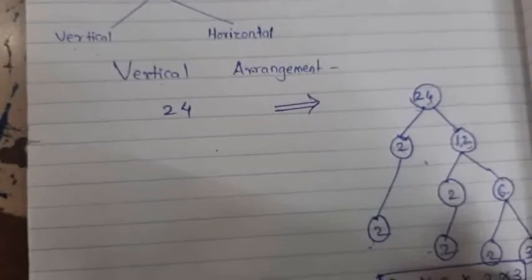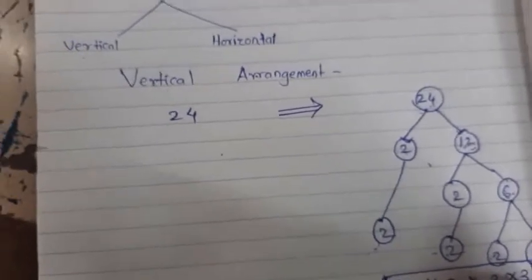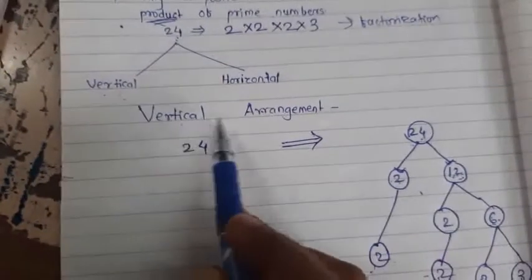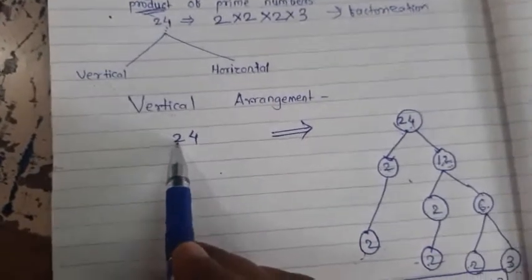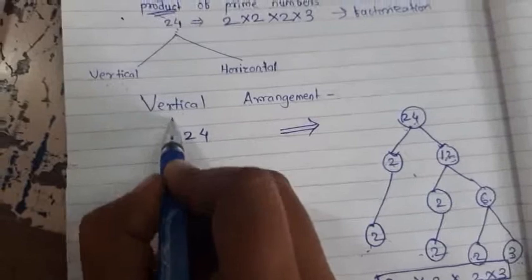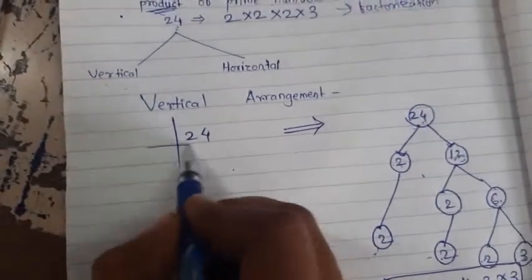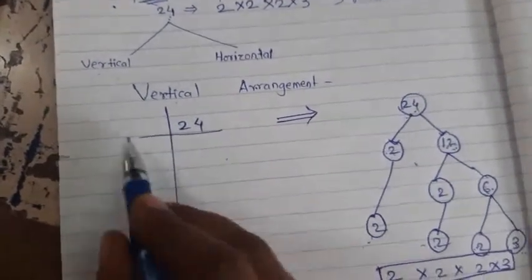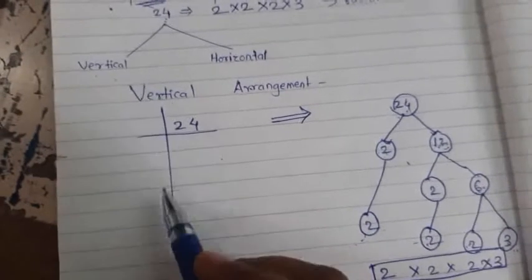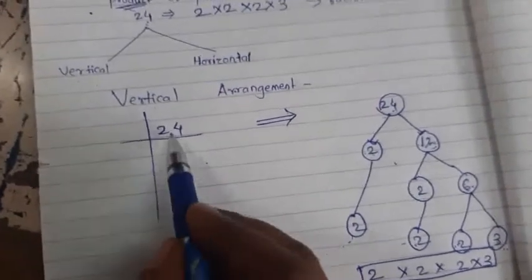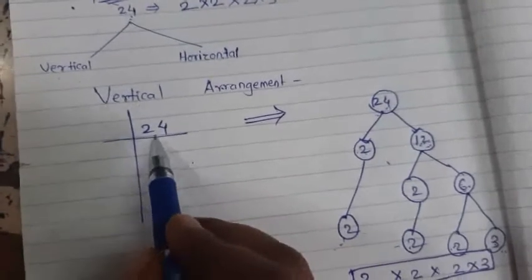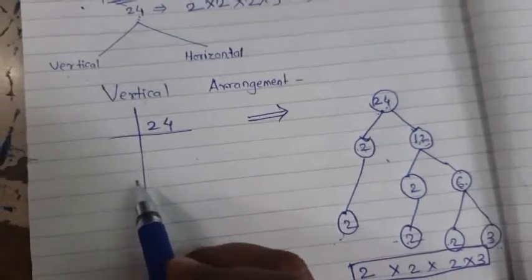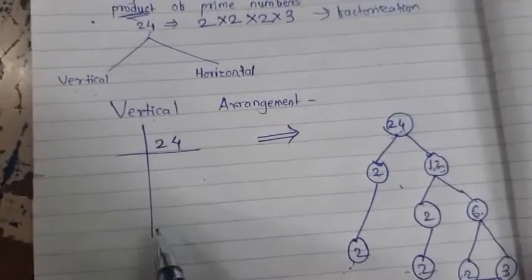Now we will see how to find the factors by vertical arrangement. For that, first write the number 24, then make two lines, one vertical and one horizontal, near the 24. After that, start finding the factors of 24, but you have to start from the smaller number.